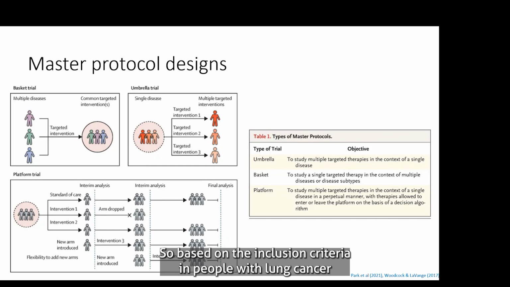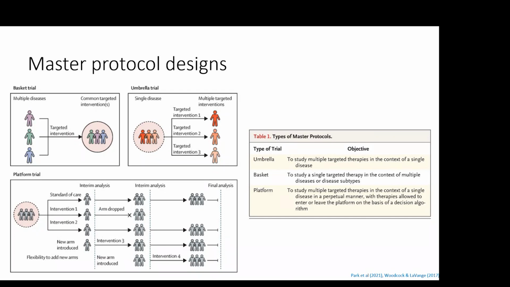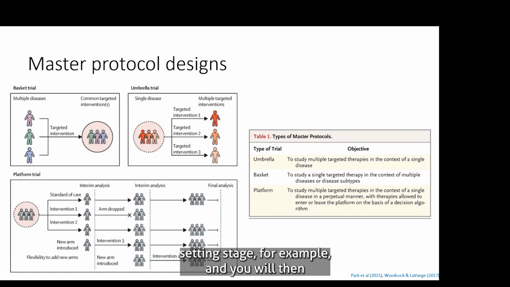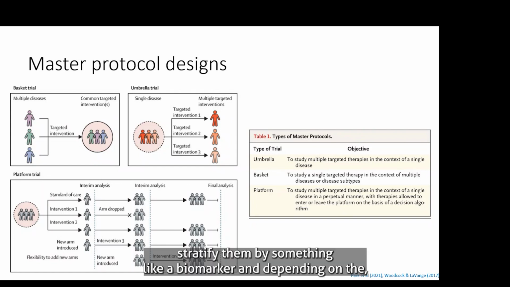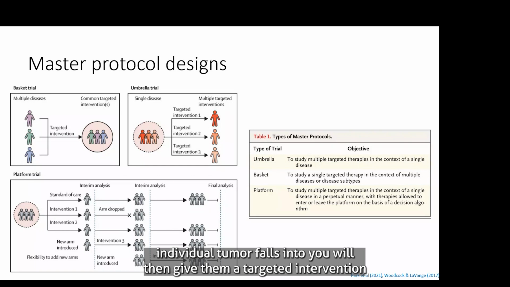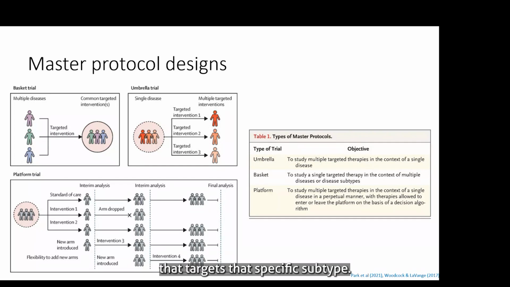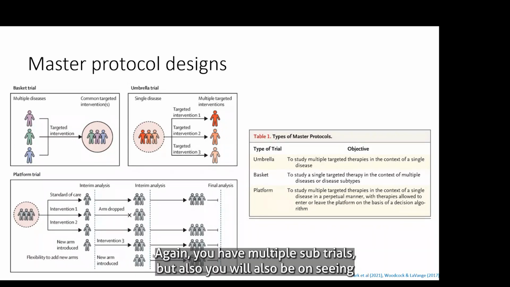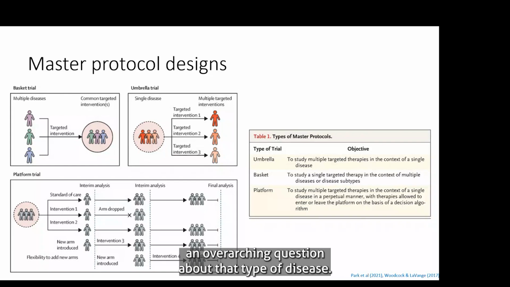So based on the inclusion criterion, people with lung cancer of a certain stage, for example, you will then stratify them by something like a biomarker, and depending on the strata where their individual tumor falls into, you will then give them a targeted intervention that targets that specific subtype. Again, you have multiple sub-trials, but you will also be answering an overarching question about that type of disease, in my example, lung cancer.